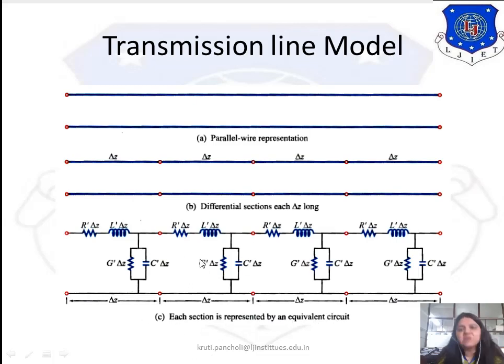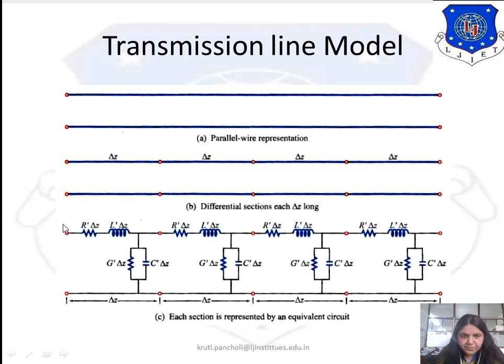This is the equivalent circuit of any transmission line, which consists of resistor, inductor, conductance and capacitor, and this is the delta Z portion.